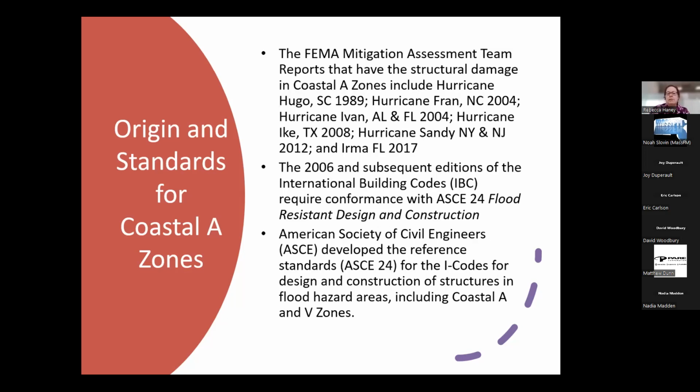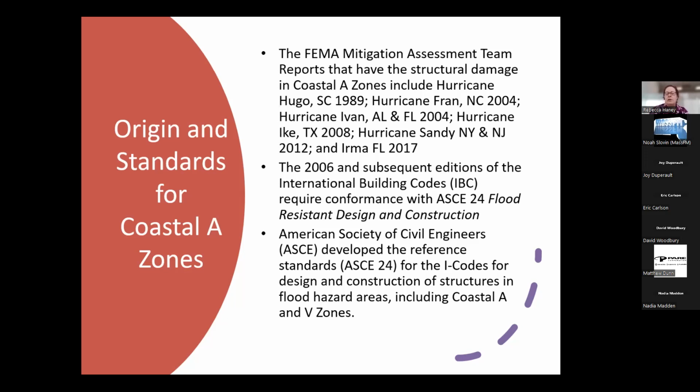So the FEMA Mitigation Assessment Team reports have documented structural damage in coastal A zone conditions in Hurricane Hugo, Fran, Ivan, Ike, Sandy, Irma, and I haven't updated this with the latest mitigation assessment team reports, but there you get the point.